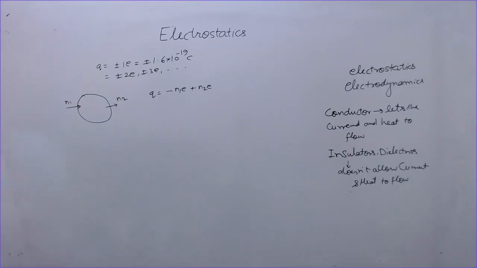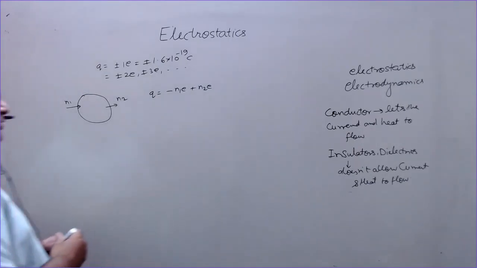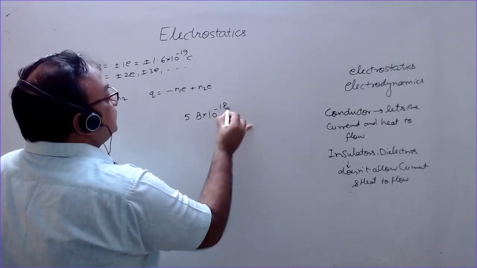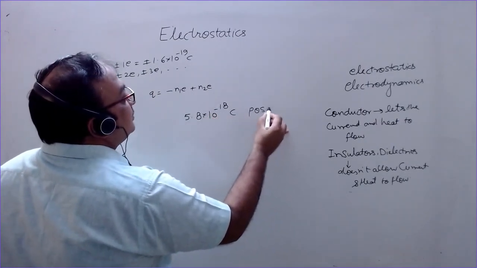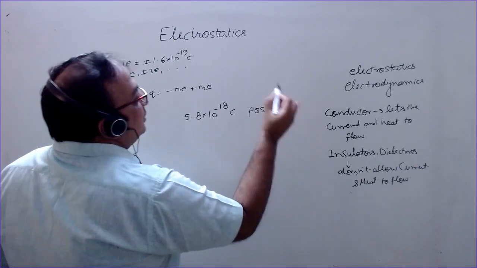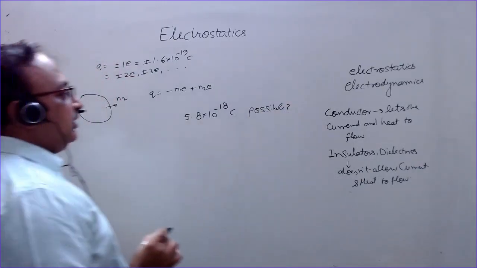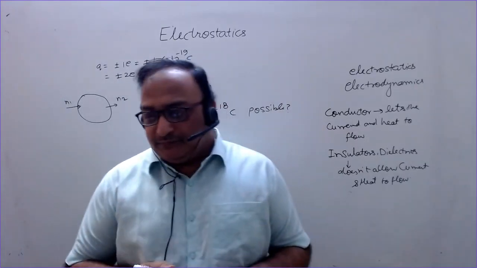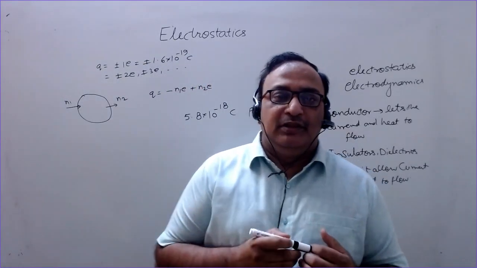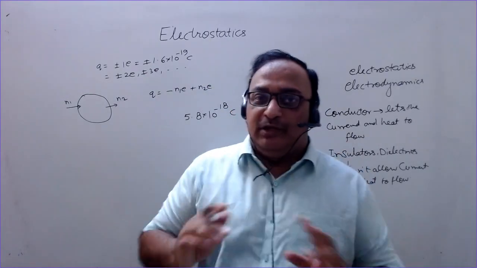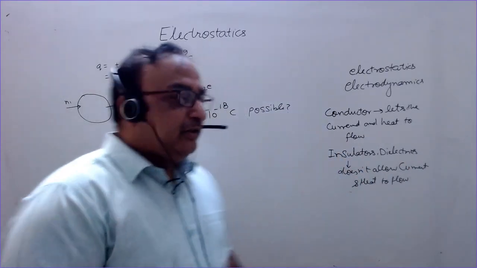So a question can be asked to you: find whether 5.8 × 10 to the power minus 18 coulomb is possible or not. So how will you find this? This charge is acquired by the body, so it means that it is having some electrons. Now this is a positive charge, so some electrons are lost. So how many electrons are lost?